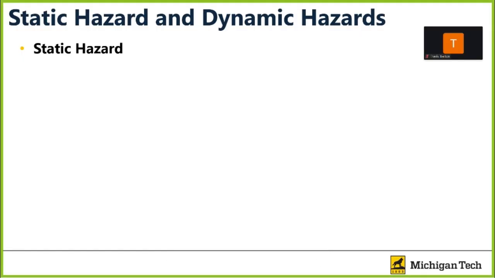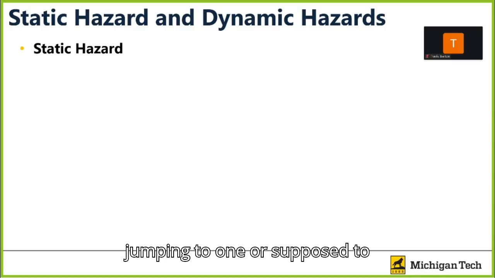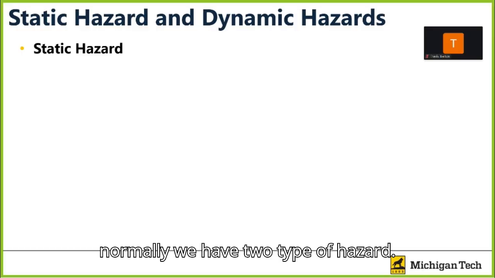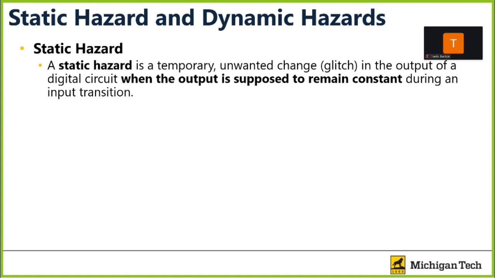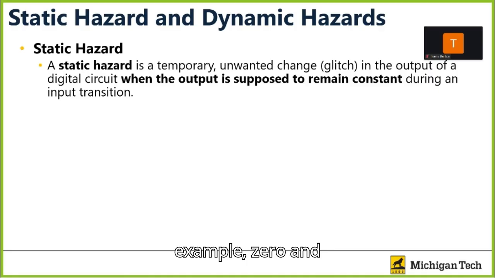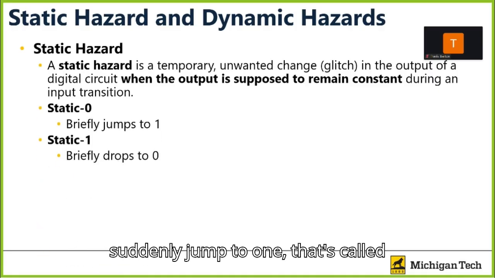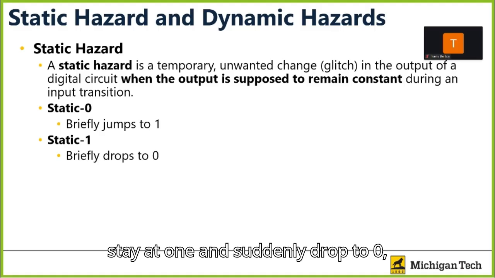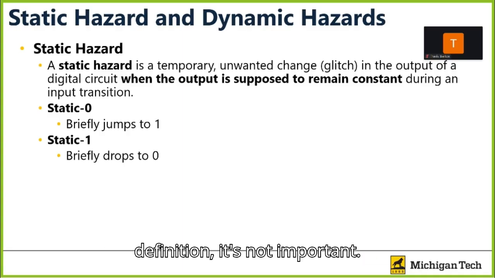For example, the output is supposed to stay 0 and briefly jumps to 1, or is supposed to be 1 and suddenly goes to 0. That's called hazard. So normally we have two types of hazard. If we're supposed to stay at 0 and suddenly jump to 1, that's called static 0 hazard. And if we're supposed to stay at 1 and suddenly drop to 0, that's called static 1. This is just definition, it's not important.